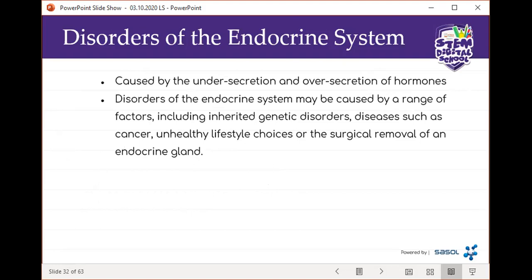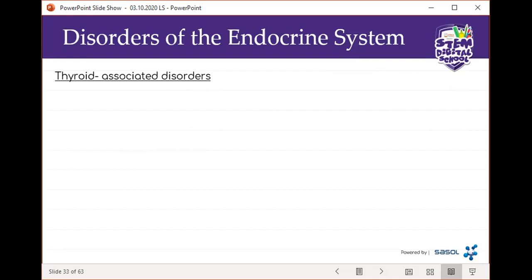Other disorders may be caused by inherited genetic disorders, diseases such as cancer, unhealthy lifestyle choices, or even the surgical removal of an endocrine gland. We are going to look at various disorders caused by certain glands and the hormones they normally need to produce or secrete.